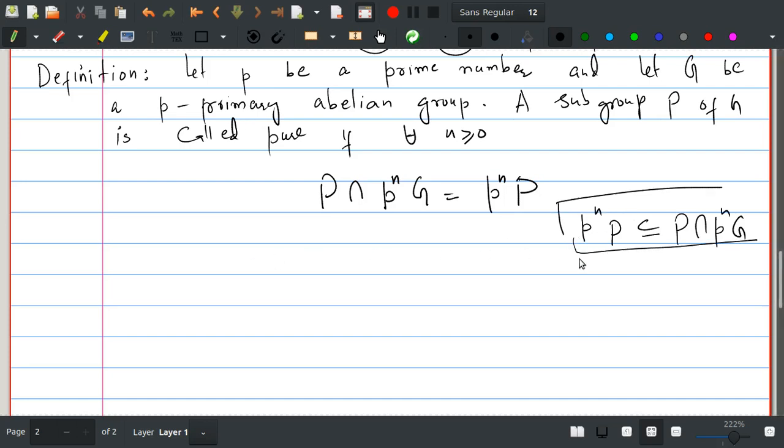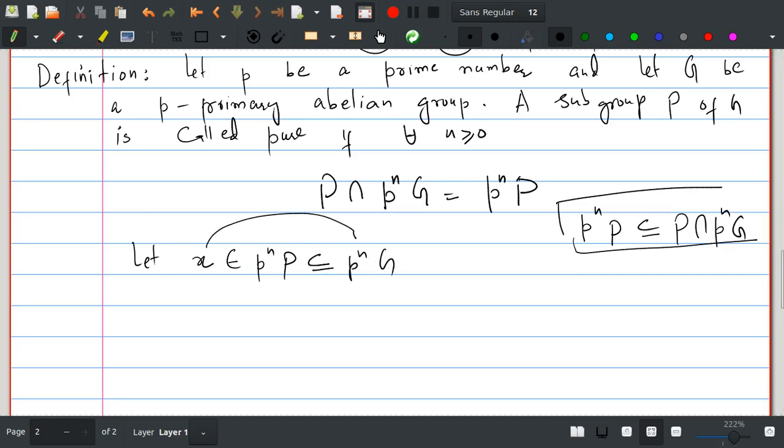So if we take an element here, so let x be an element of p^n P. Now p^n P, being a subgroup of P and contained in p^n G, so this x is in p^n G.